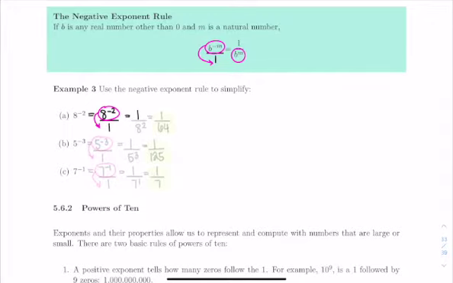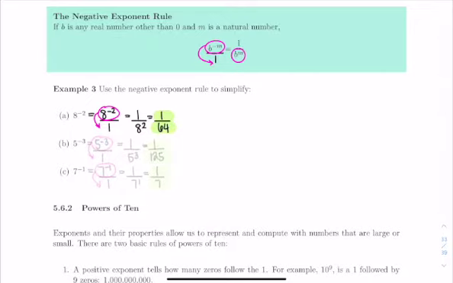And we're going to get 1 over 8 squared. And 8 squared is just 64. Be very careful with these that you don't just write down negative 64. You want to make sure you flip it and then simplify.